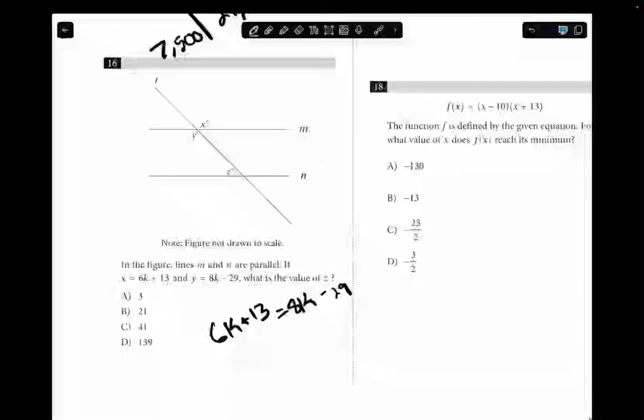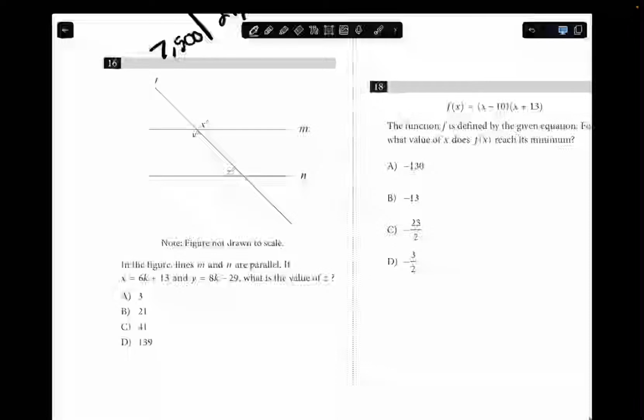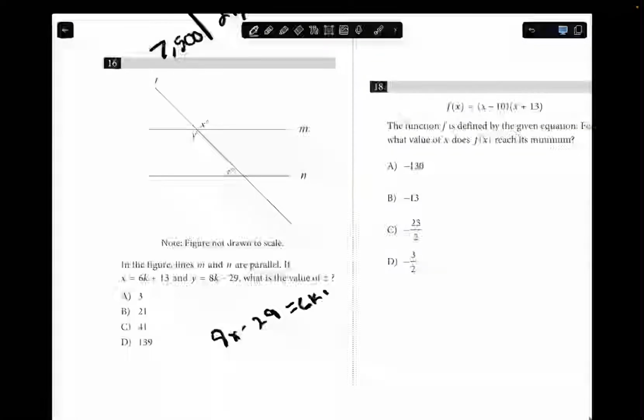I don't like how this is written. So K equals 21.